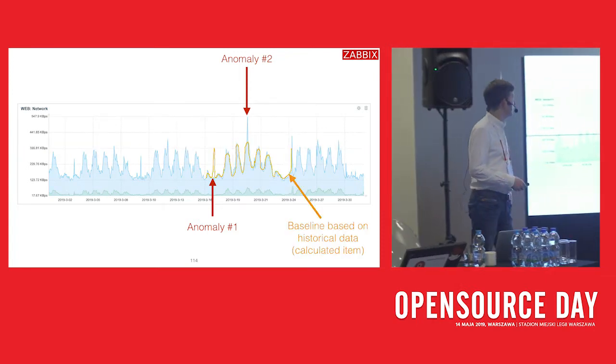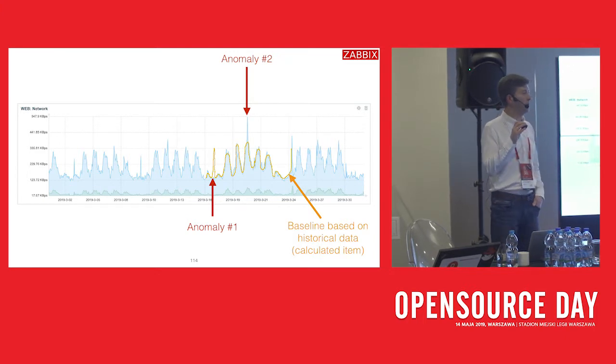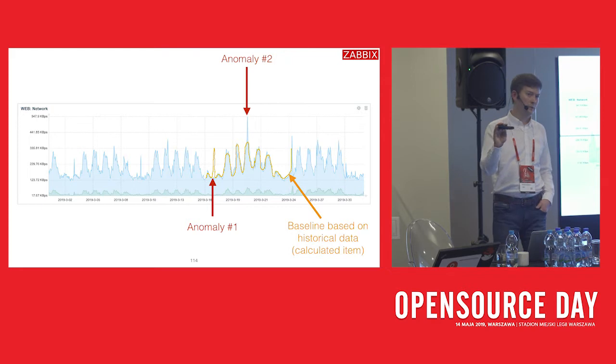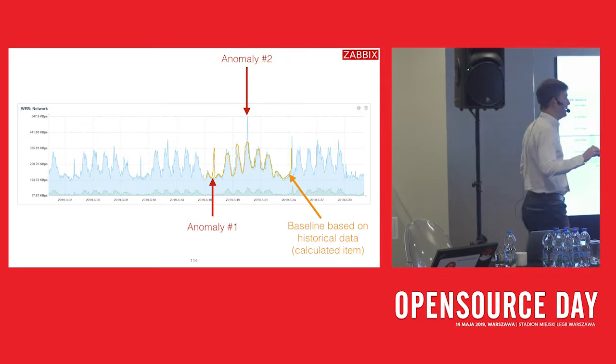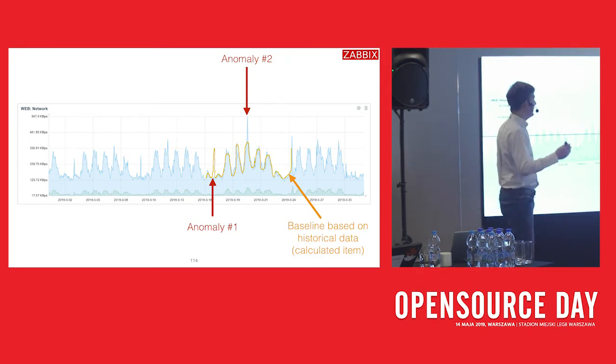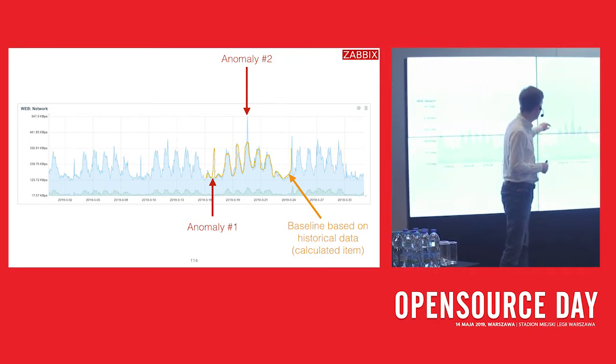And what we are doing right now is finding a way to calculate a baseline for any metrics. So baseline is basically normal behavior. This is what we expect. So this is my expectation.